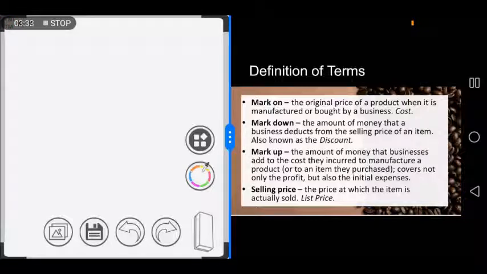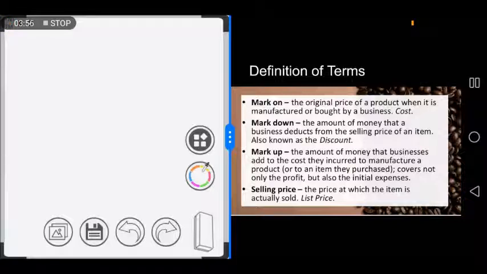Then we also have what we call the markup. No, so ito yung amount of money that businesses add to the cost, and it covers not only the profit but also the initial expenses, no? So kapag yung markup natin, idinagdag natin dun sa cost, yan na yung ating magiging selling price, no?